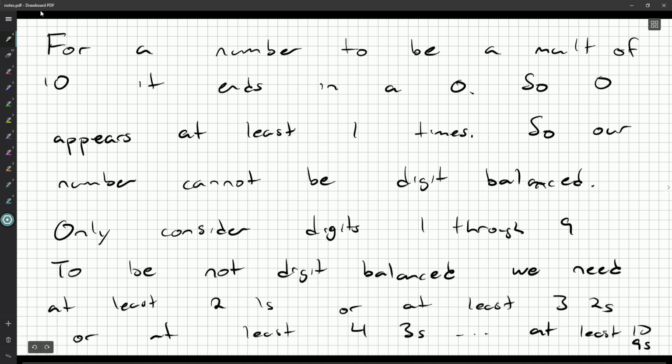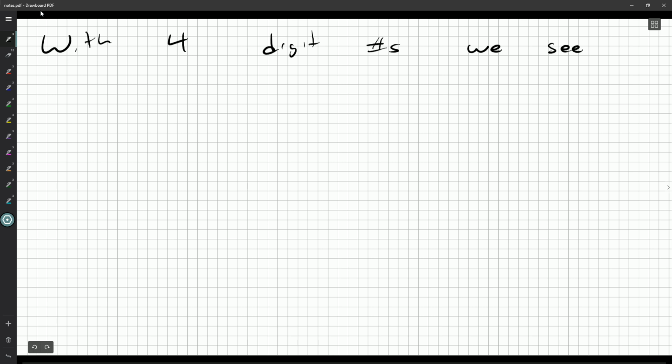Now, something like 10 9s isn't going to happen. We only have 4 digits. So with 4-digit numbers, we see, for example, we'll never have 5 4s or 6 fives. So that's not going to be too much of a problem for us.